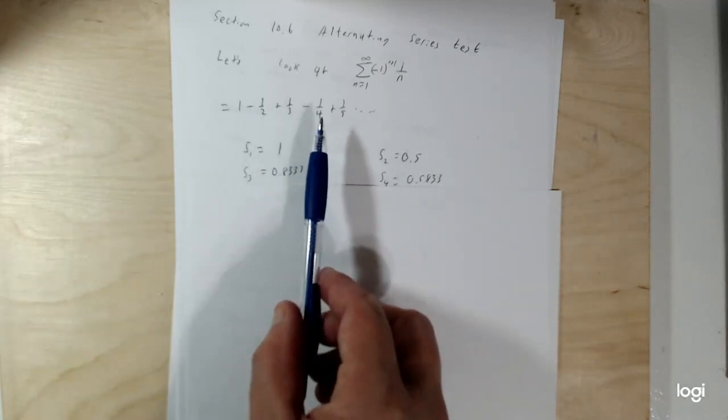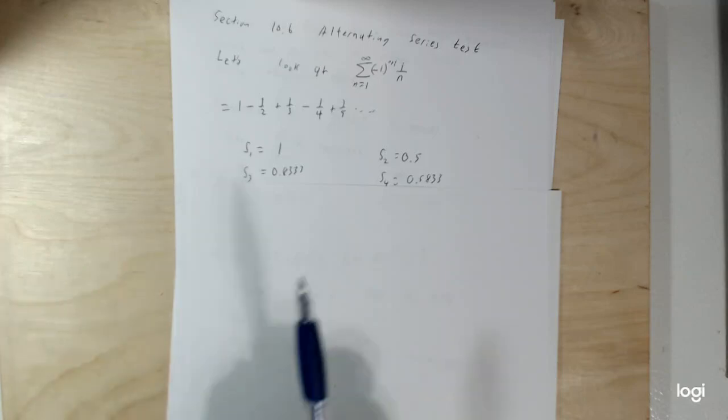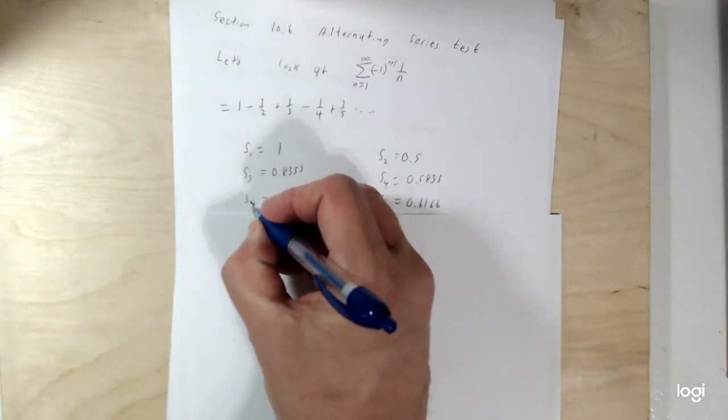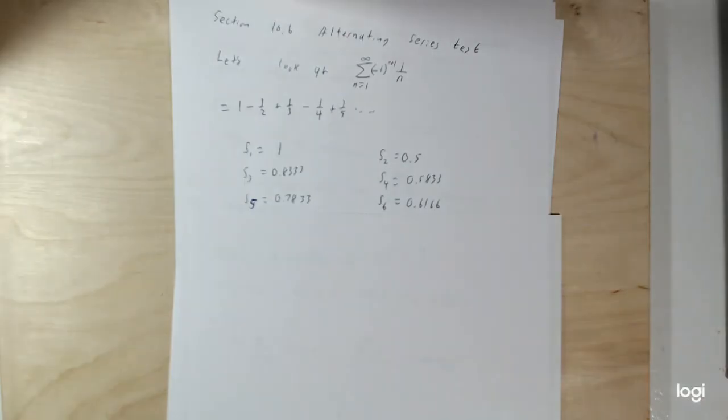Then if we subtract the quarter, you get 0.5833. And if we keep going, that should be the fifth here. I don't know why I had mislabeled there. S sub 5 is 0.7833. And then S sub 6 is 0.61666 repeating. And that could keep on going.